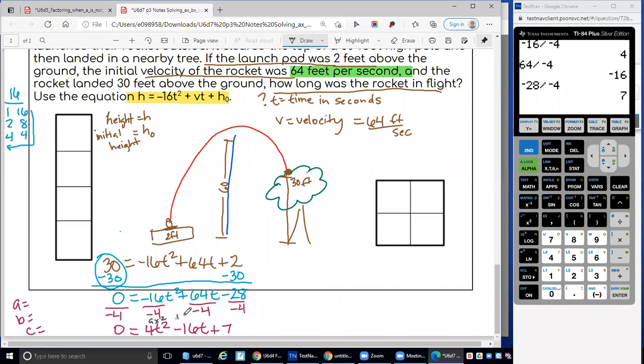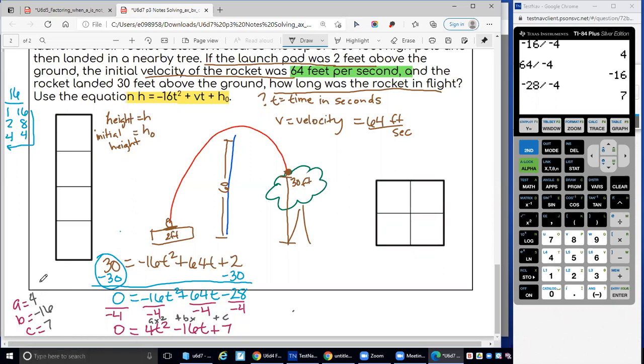AX squared plus BX plus C. So obviously we're using T, right? Instead of X. And so what value is in front of the T squared? And that's 4, right? So what do you think B is? Negative 16. And I like that you included the negative. And then C is? Yes, ma'am. Okay, so those are our values.